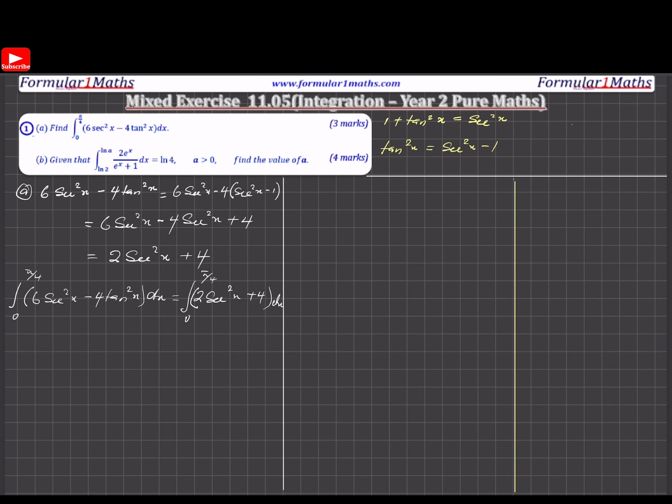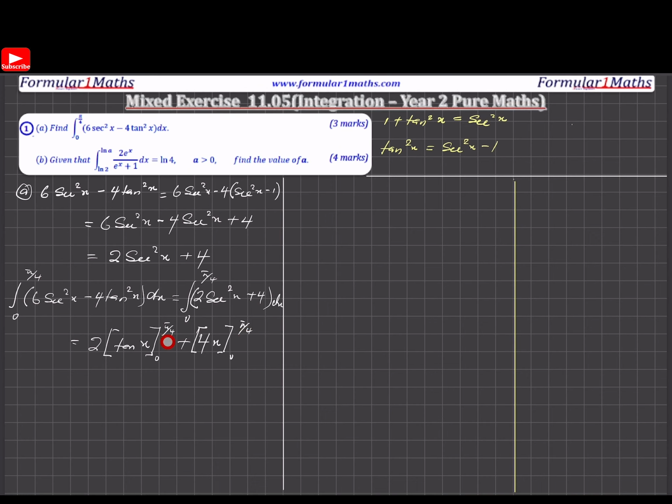I can now proceed to integrate and know that the integration for sec squared x is tan x, so I have 2 tan x between 0 and pi over 4 plus, if I integrate 4, I get 4x also between the limits of 0 and pi over 4.